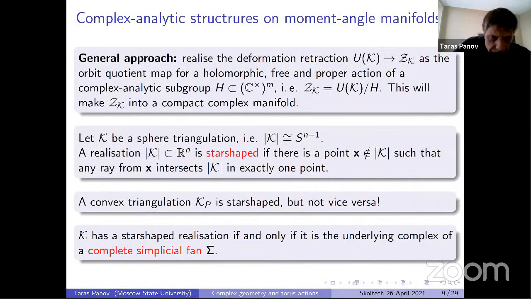Okay, and this fan condition, the complete simplicial fan condition, is something which translates into the properness condition of the appropriate action. And this is also known in toric geometry, but it is proved in an algebraic way. When you try to build up a toric variety by gluing affine pieces, you need the fan condition for the result to be Hausdorff, or separated in algebraic language.